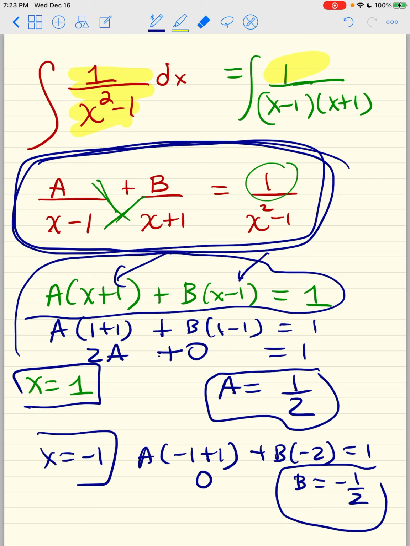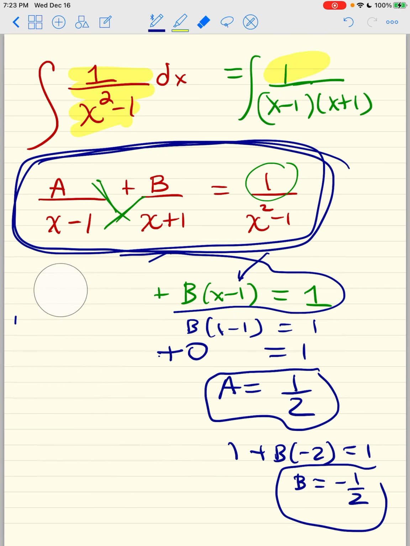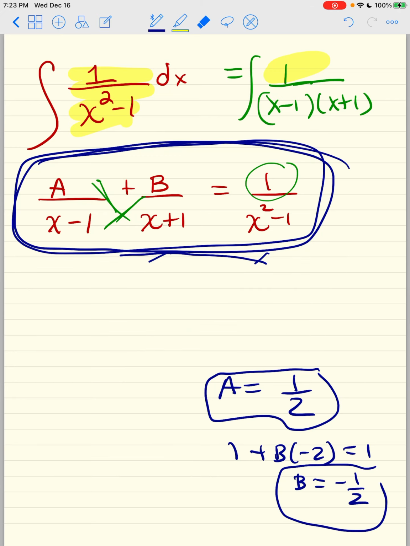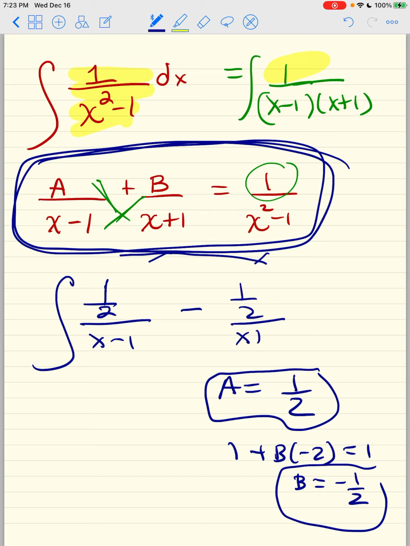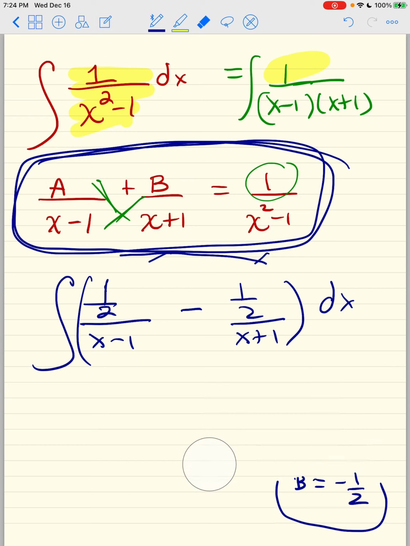So I'm going to erase some of this, and watch how easy this is now. I'm going to have 1/2 over x minus 1, and I hate writing fractions like that, minus 1/2 over x plus 1, all with dx. Now I can get rid of this.